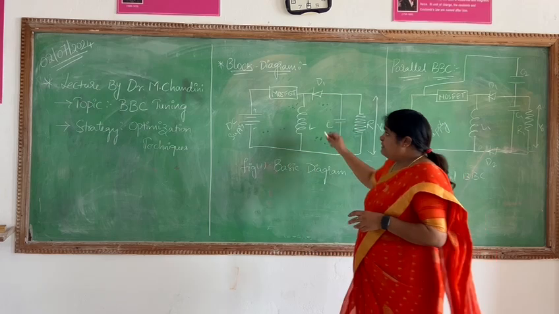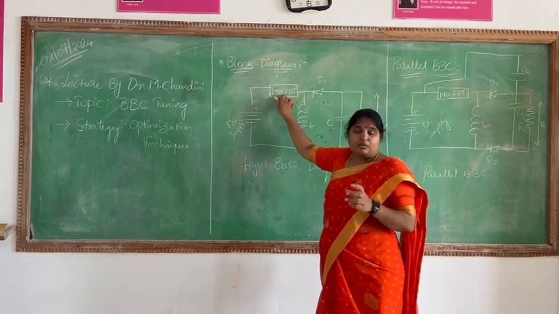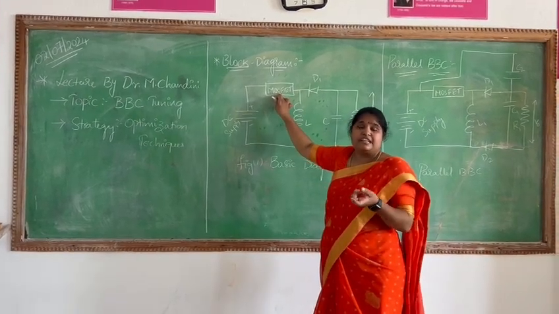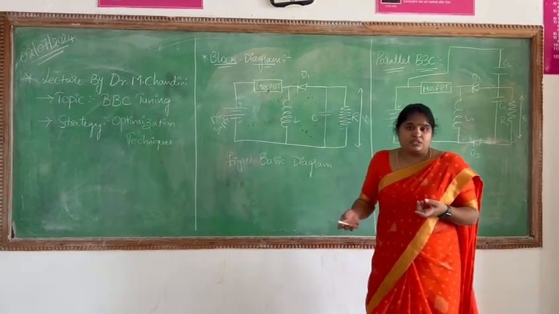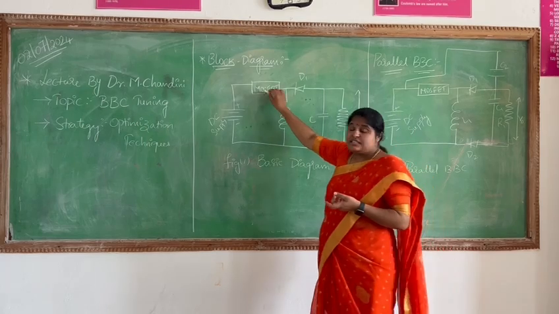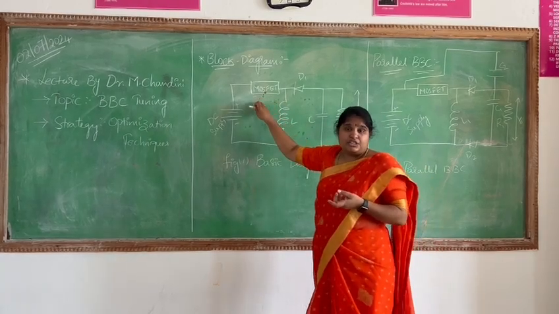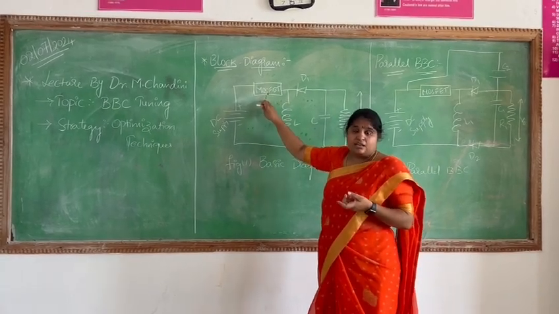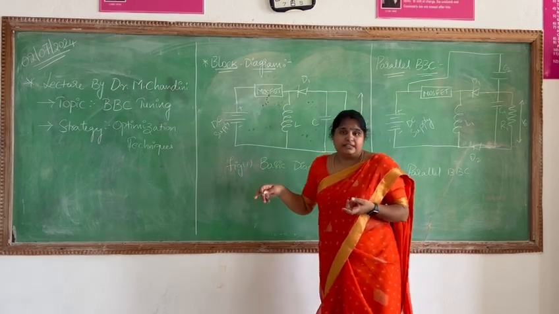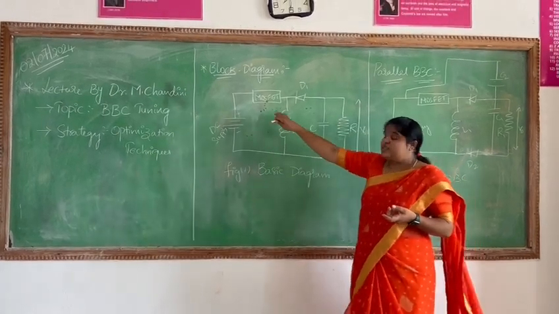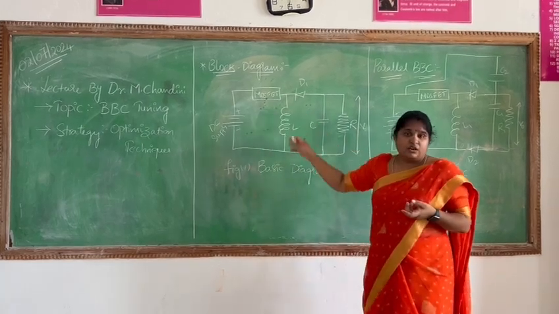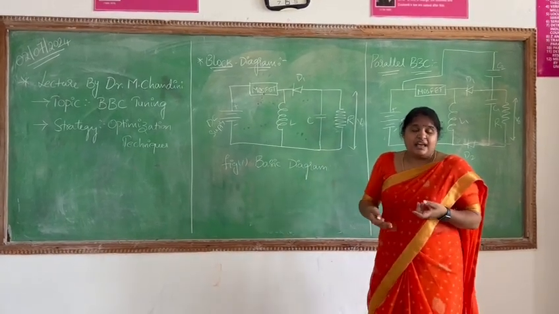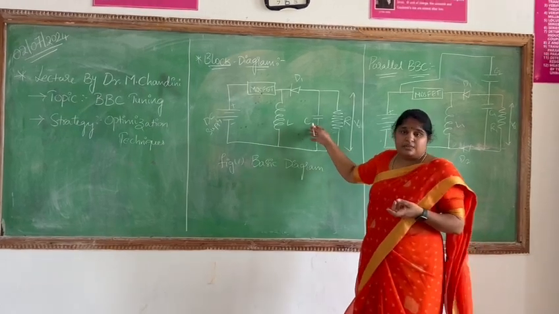The MOSFET is a metal oxide semiconductor field effect transistor. It is called a switch, a control switch. Whenever it is driven by pulse width modulation generator pulses, the MOSFET will be operated. In the on condition the inductor will get charged, and the capacitor also will get charged.